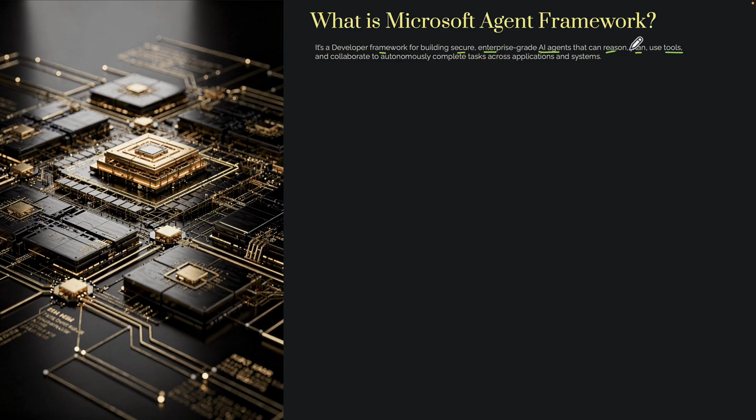From just creating chatbots, you need to create agents that are intelligent, that can act autonomously, that can do some kind of reasoning, they can do planning, and they can make use of tools like calling third-party APIs, talking to databases. So all this can be done with these agents. And the aim is to collaborate to autonomously complete the tasks across applications and systems.